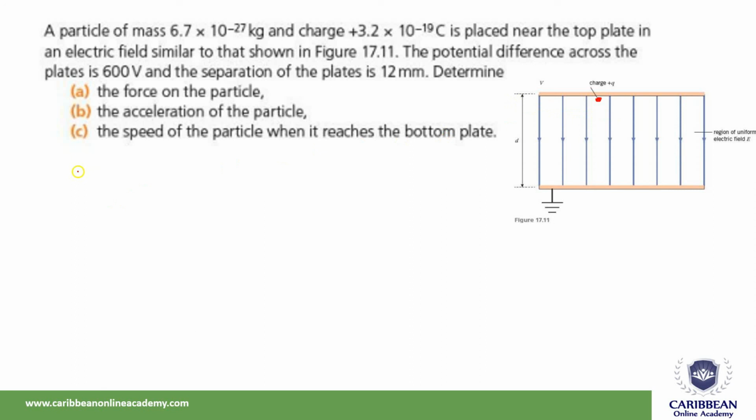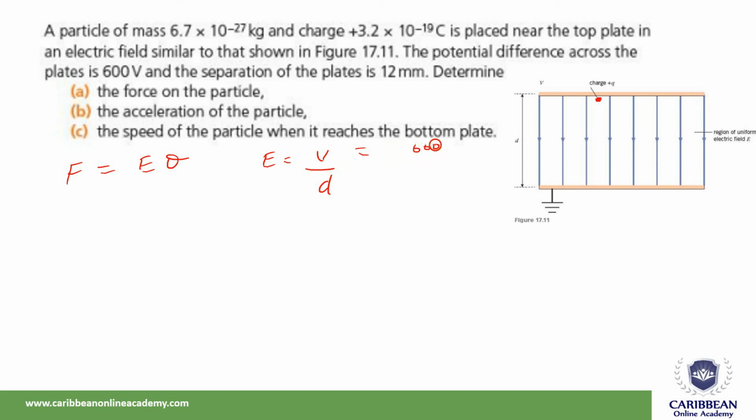It's in a uniform field, so we can note certain things. The overall force would be the electric field times Q, and we know E is equal to the potential difference divided by the distance. If we know that, then we can find the electric field and of course find the force on the system.